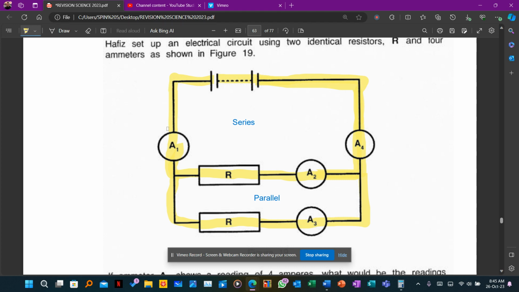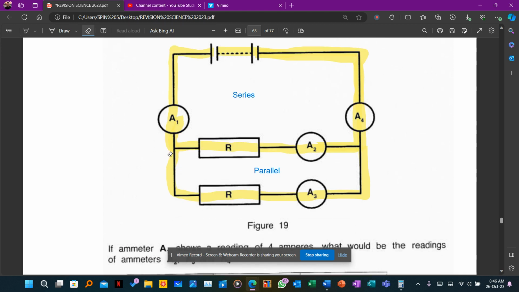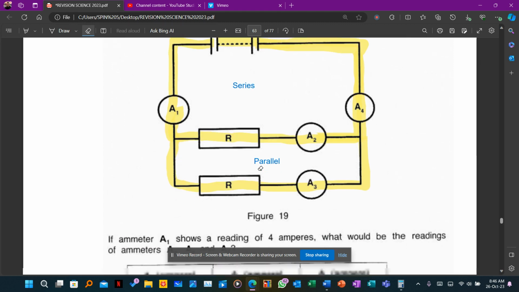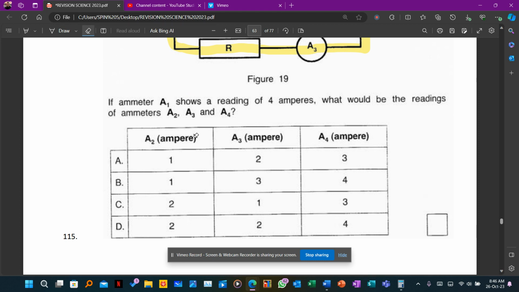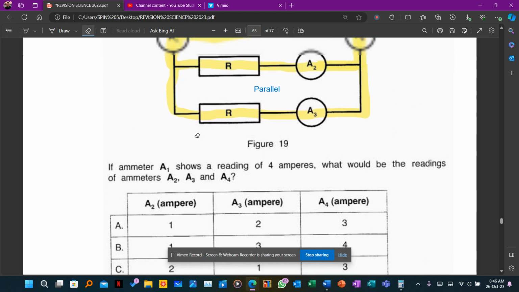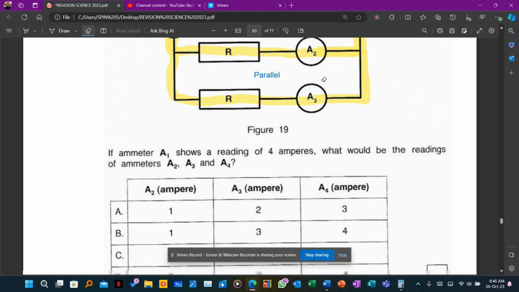So A1, these two, and A4 should be the same because it shows the current before it divides and after it becomes parallel. If the resistors are the same, A2 and A3 should also be the same.